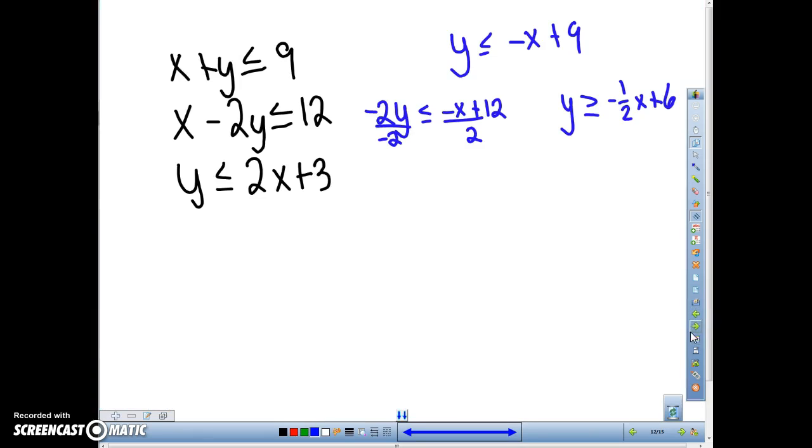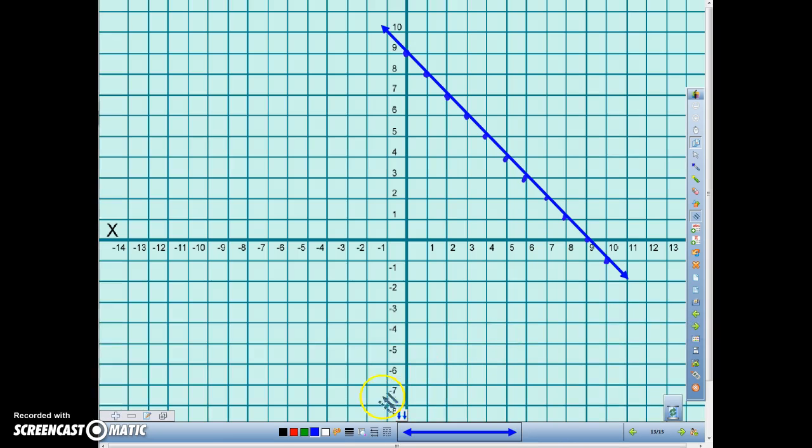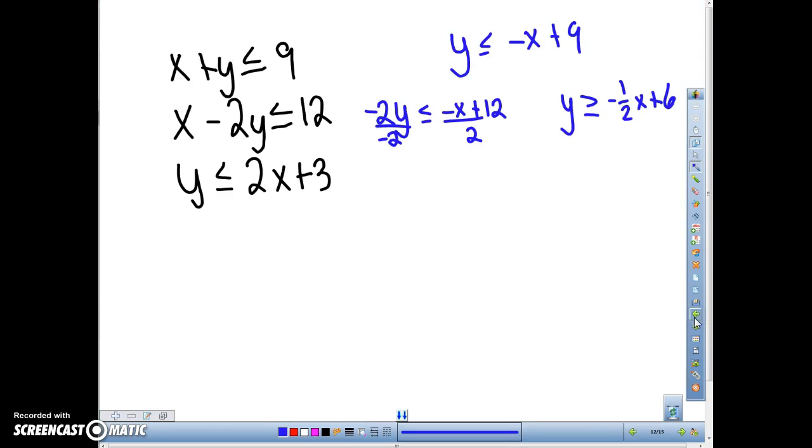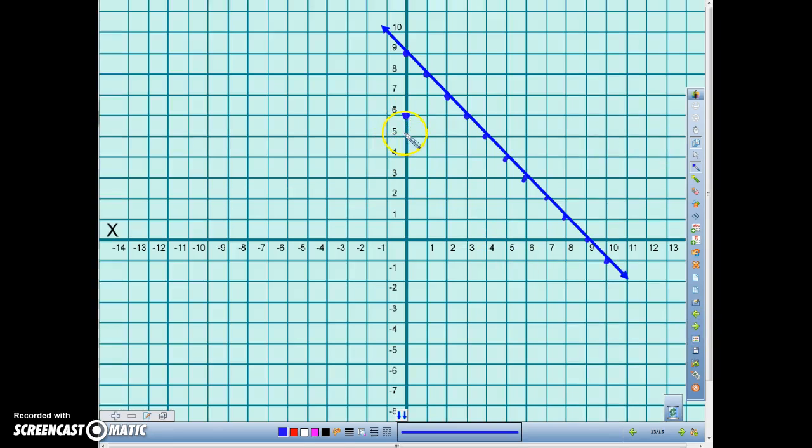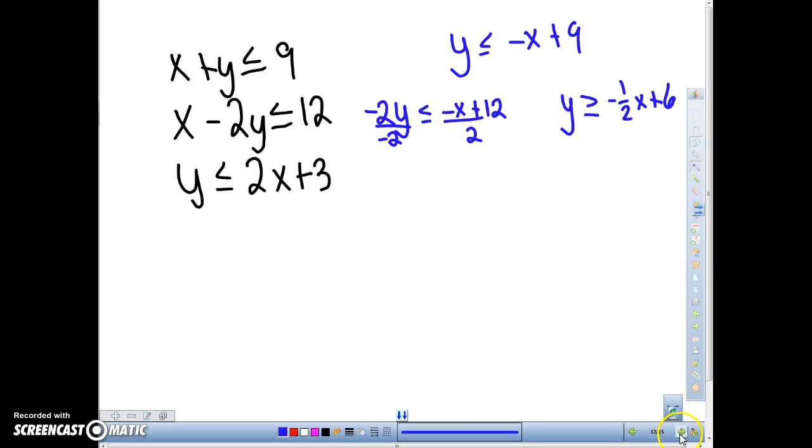The second graph crosses at +6 and goes down 1/2. Also a solid line.